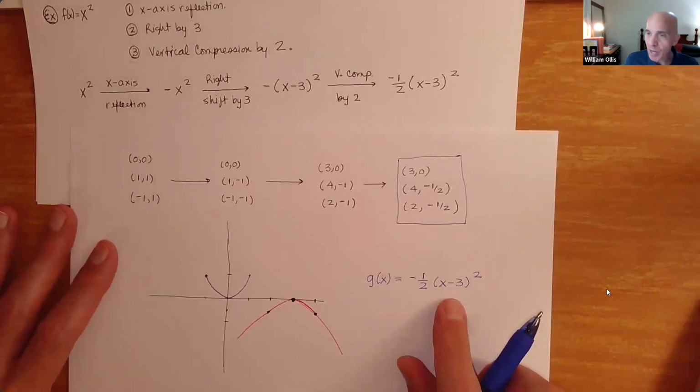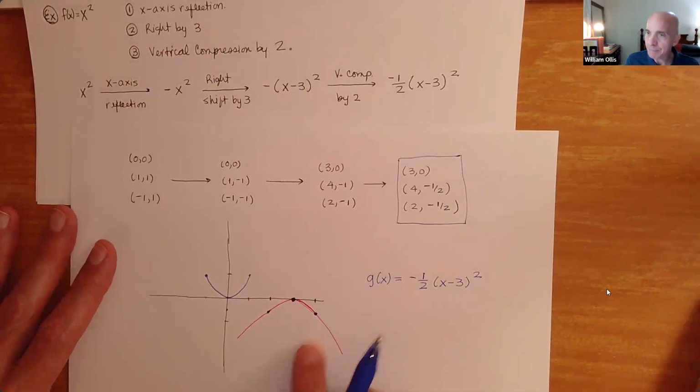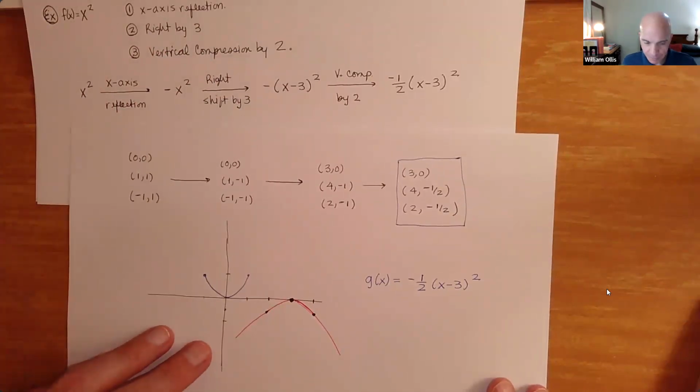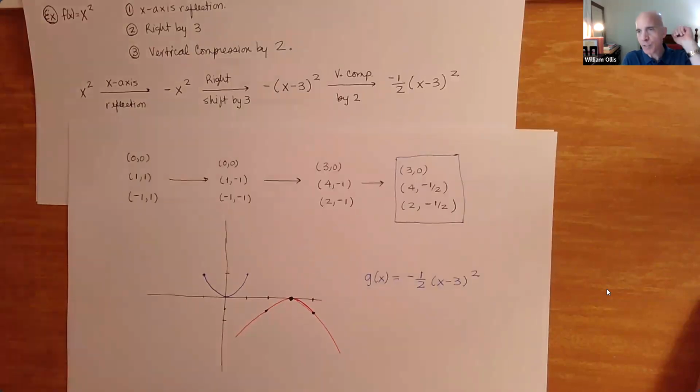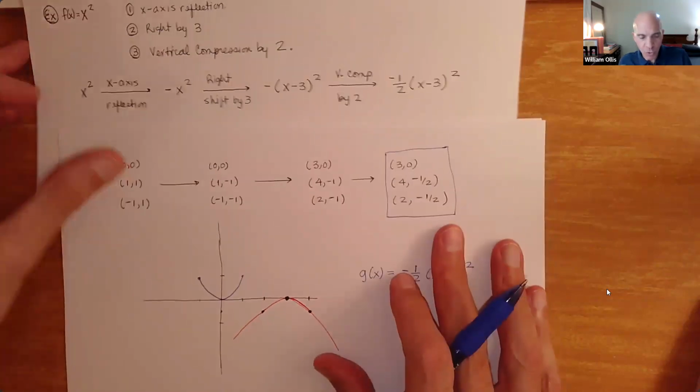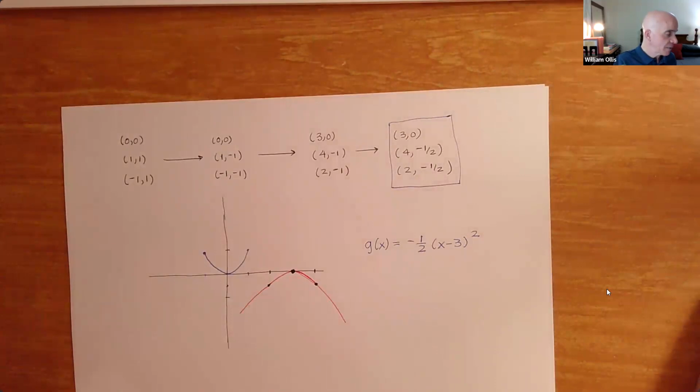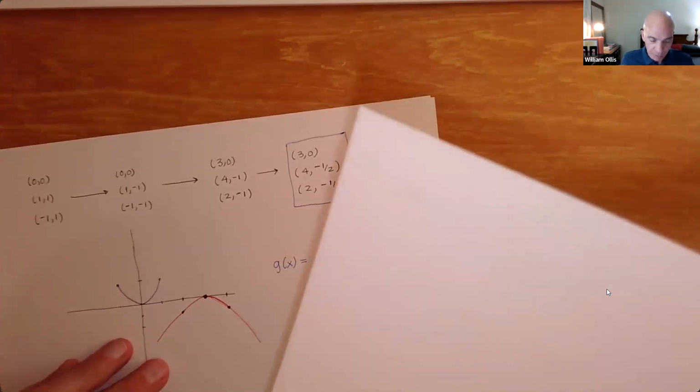So that's the new transformed quadratic function, as we see in the red. Okay, let's try another one. Function transformations, like I said before, are extremely powerful, and they give us wonderful techniques to work with functions in general.